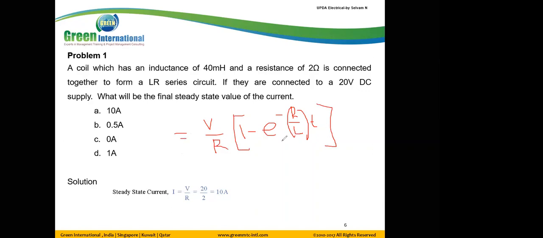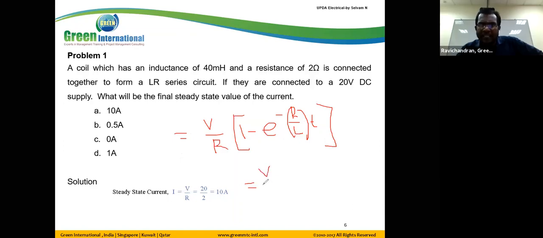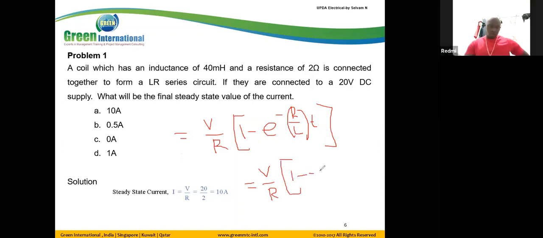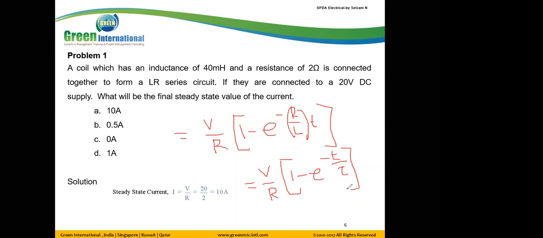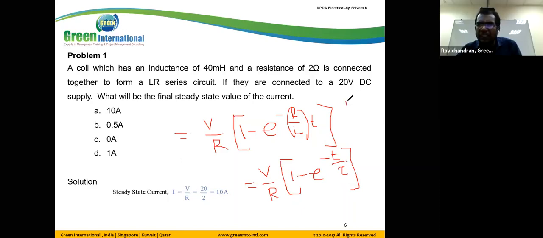I rewrite this equation like this: E by R 1 minus e to the power of minus T divided by tau. Now, first step, we find the tau. Tau is equal to L by R.